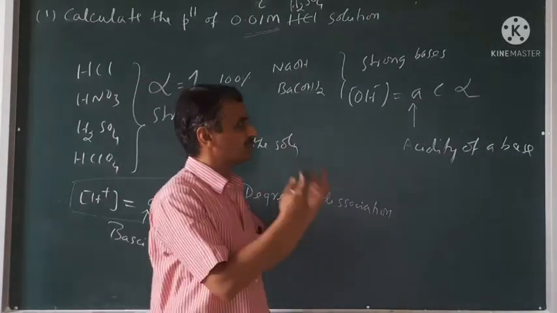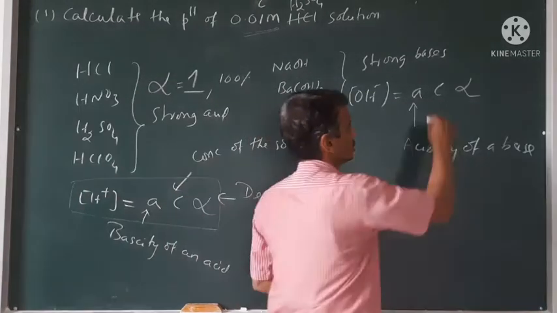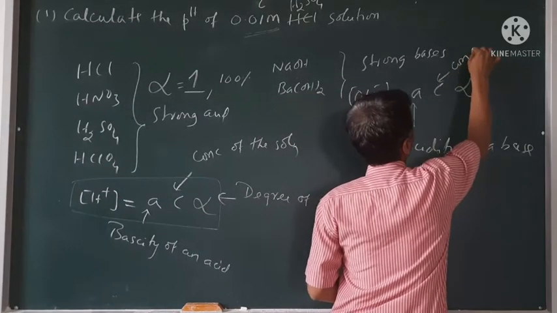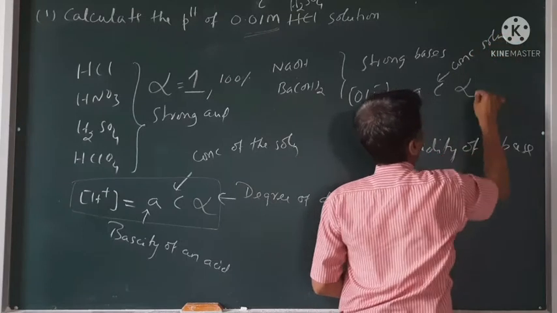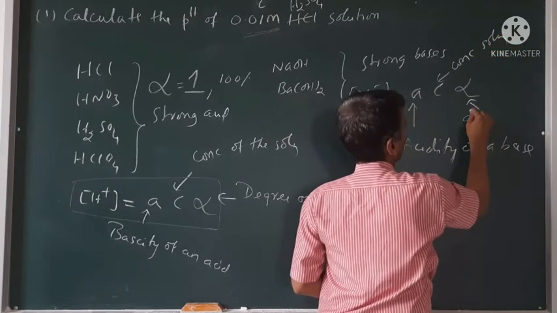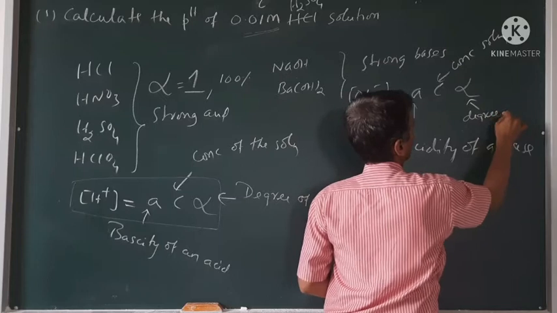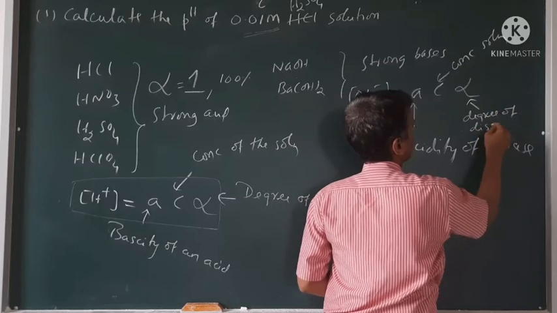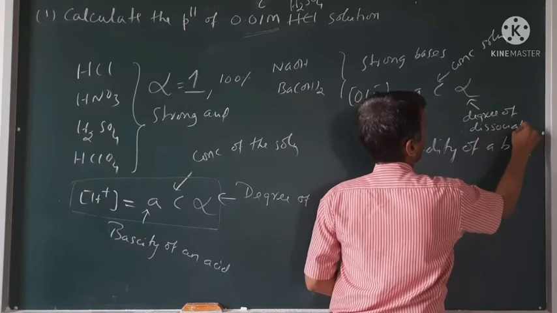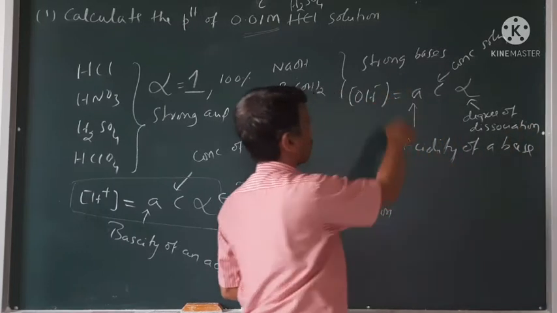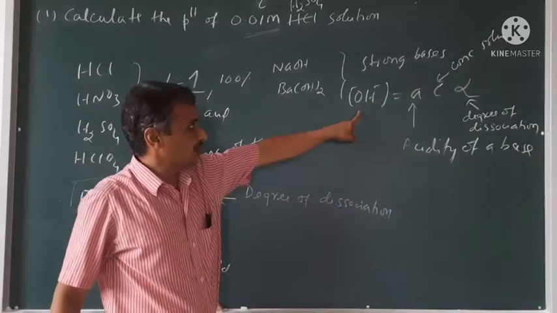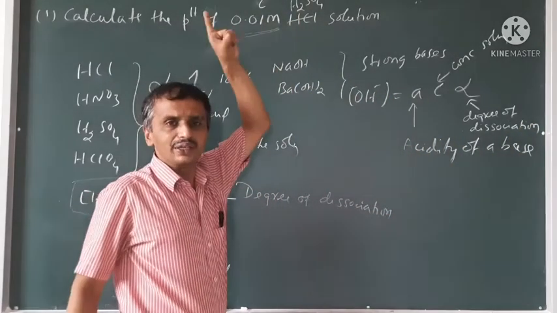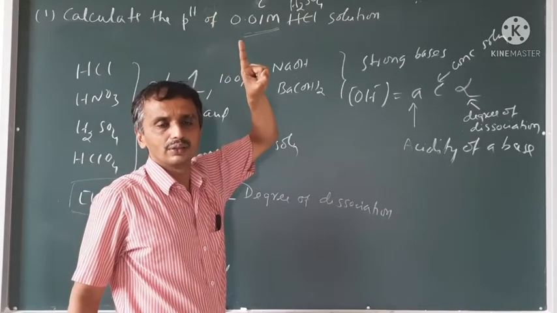It's the acidity of a base. C is the concentration of the solution. Again, alpha is the degree of dissociation or degree of ionization. Note this formula also. OH minus concentration is equal to A into C into alpha.